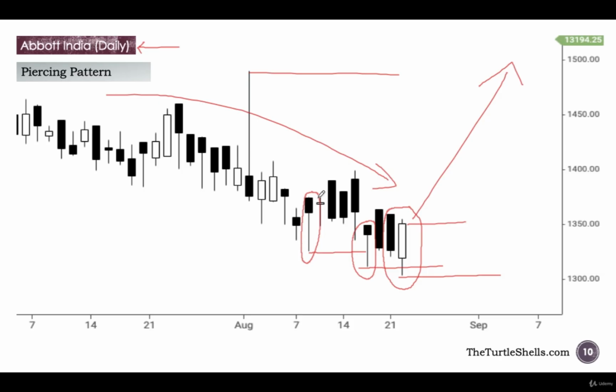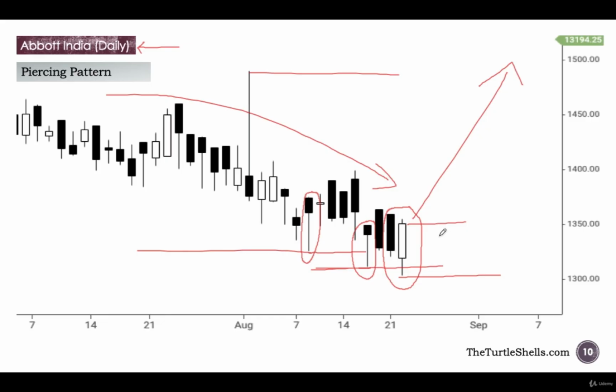If I look at this hammer, ignoring all of these candles, I would not take this trade because it is not confirming anything. This hammer, yes, I would take the trade, but my stop loss would be hit. This piercing pattern, definitely I would take the trade, considering the fact that it has confirmed the prior support area.